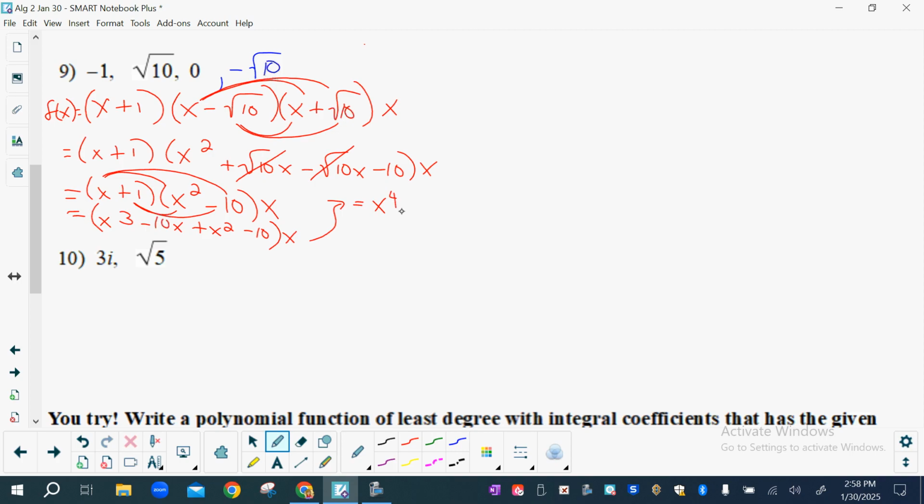Plus x to the 3rd minus 10x squared minus 10x. I'm going to ask you to do the U try next, and then I'm going to come back up and talk about number 10. Go ahead and do the U try, please.